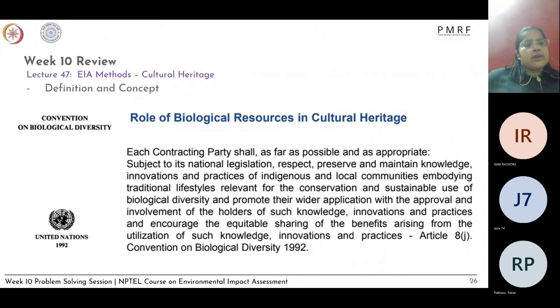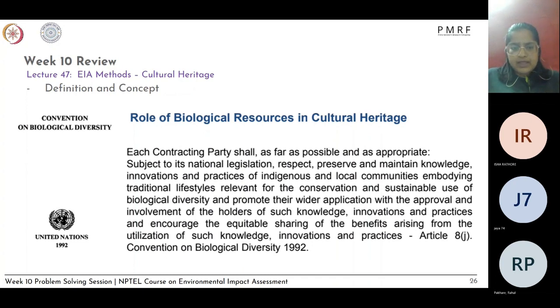And then we have also discussed the Convention on Biological Diversity. We are also talking about this in cultural heritage because it talks about the role of biological resources in cultural heritage.